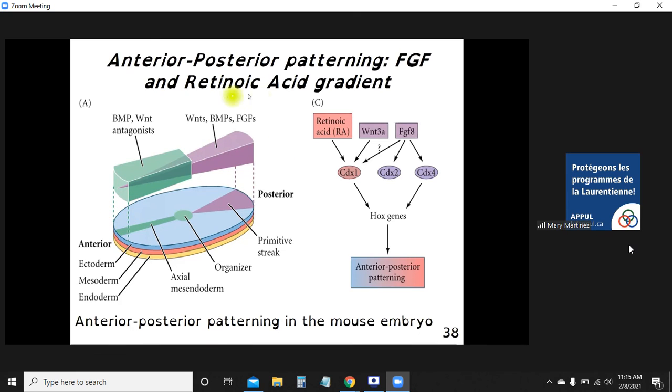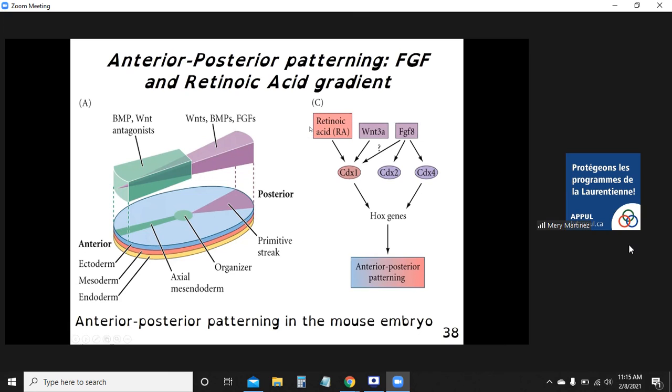So here is the BMP, FGF, and WNT that we know, there are nodal. A graded gradient in the posterior, almost nothing in the anterior. This is where we have some antagonists here in the front. So this posterior is really characterized by nodal, BMP, FGF, WNT, and also a molecule that we have seen in the past, that is retinoic acid, right?